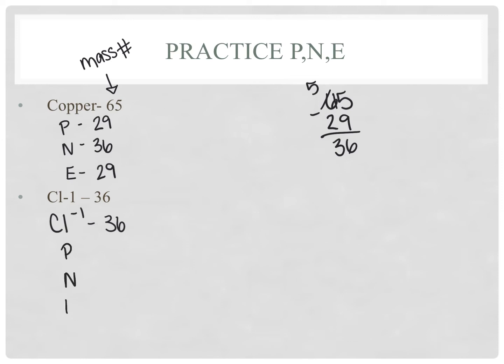So find chlorine on the periodic table. What's the atomic number for chlorine? Okay, 17. So how many protons? Okay, 17. Then we're going to find neutrons. We're going to use the number provided, so we're going to use 36, and we're going to subtract 17.